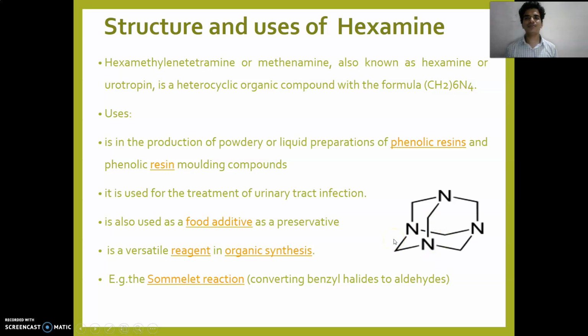It is used in the production of powdery or liquid preparations of phenolic resins and phenolic resin molding compounds. It is used in the treatment of urinary tract infection. It is also used as a food additive preservative. It is also a versatile reagent in organic synthesis, for example the Sommelet reaction, converting benzyl halides to aldehydes.